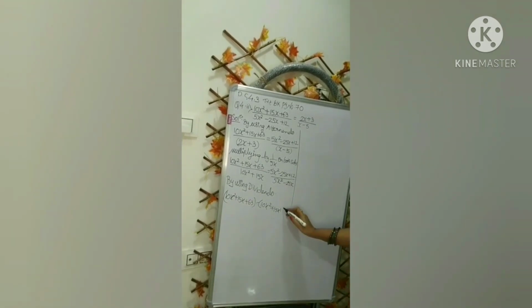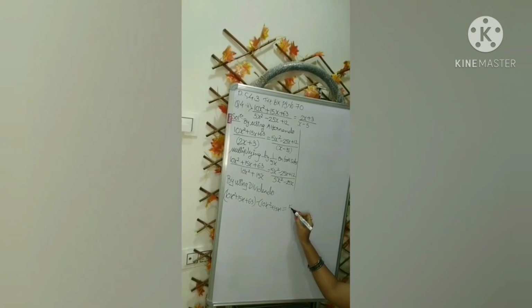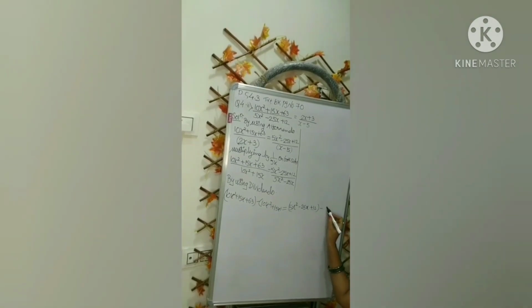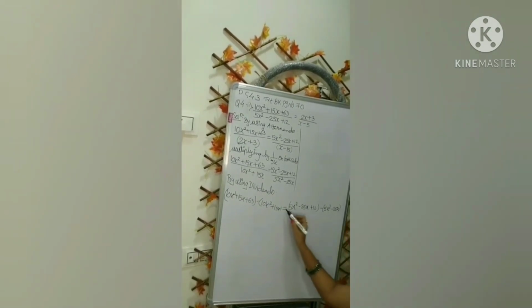Same thing we do on the other side, that is 5x square minus 25x plus 12, and then you subtract 5x square minus 25x, the denominator.